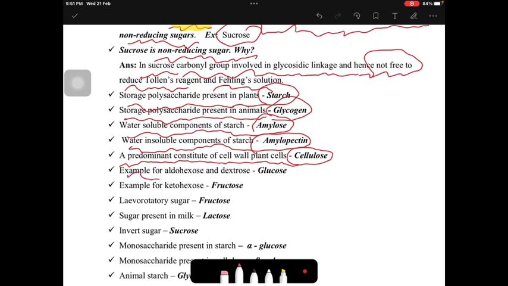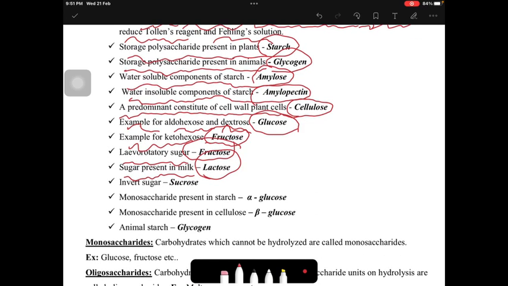Example for aldohexose and dextrose is glucose. Example for ketohexose is fructose. Levorotatory sugar is fructose. Sugar present in milk is lactose. Invert sugar is sucrose.